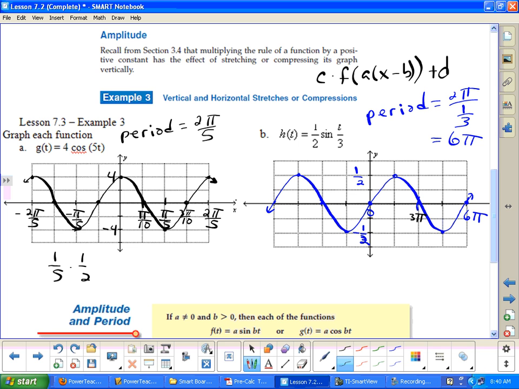Half of 3 is 3/2. Okay, so this is 3 pi over 2. So I have 3/2. This would be 6/2, right? So then this third spot here would be 9/2. So this would be 9 pi over 2.